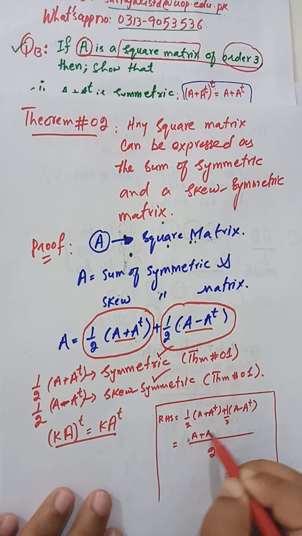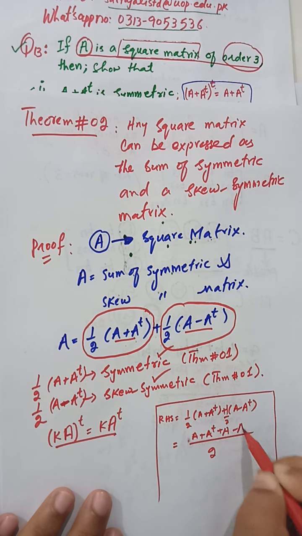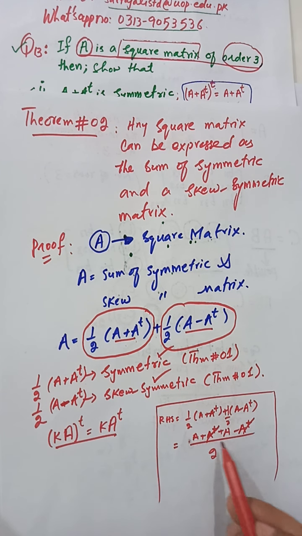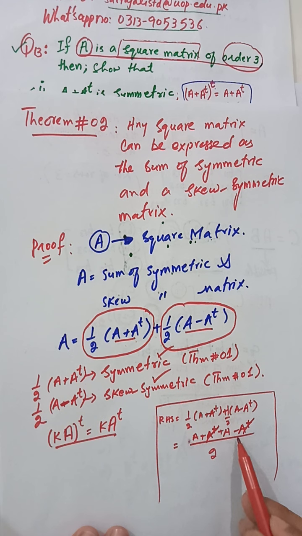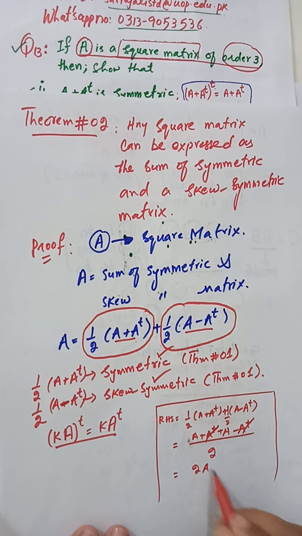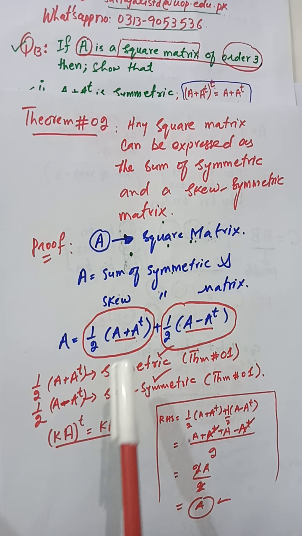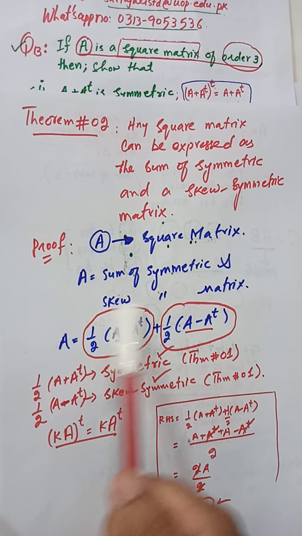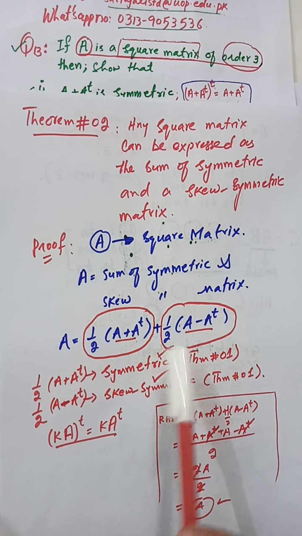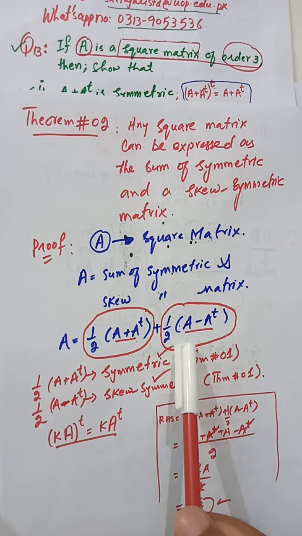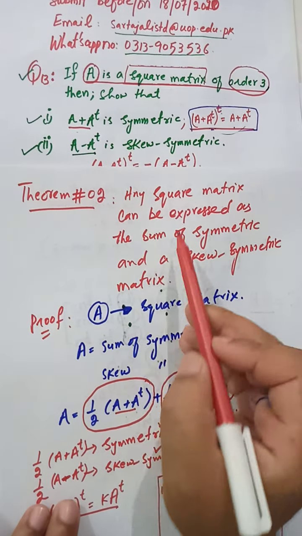So A plus A transpose plus A minus A transpose. A transpose will be cancelled because they have different signs, and A plus A will be 2A divided by 2. So you will get A. So this is a symmetric matrix, and this is a skew symmetric matrix, and you see that A is written as the sum of a symmetric matrix and a skew symmetric matrix, which is the required proof.